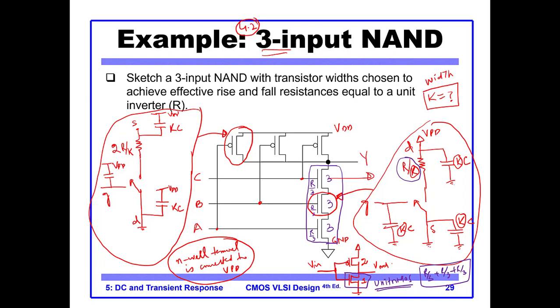Now coming back to the PMOS, which are in parallel. Every PMOS should have the same resistance as a unit PMOS. The unit PMOS is this one. Because they are in parallel, the resistances do not add up, so it is 2, 2, 2.